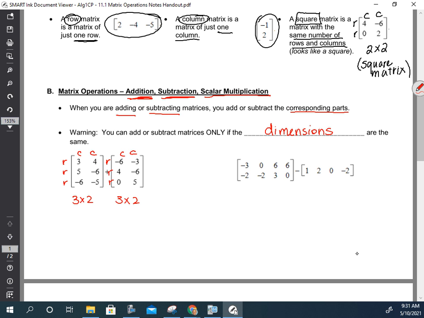Since they match, you can add these up. You would take 3 plus -6, 4 plus -3, 5 plus 4, and so on through the list. You can add the parts together because the dimensions match. So this is okay to add. Any questions on that?